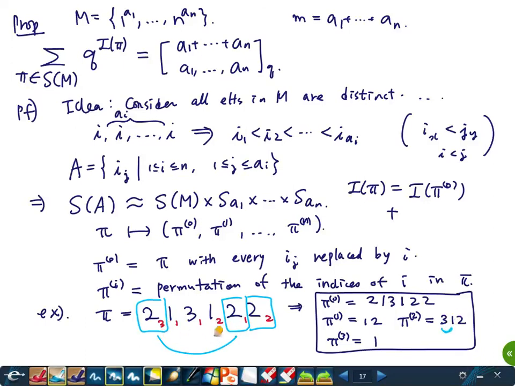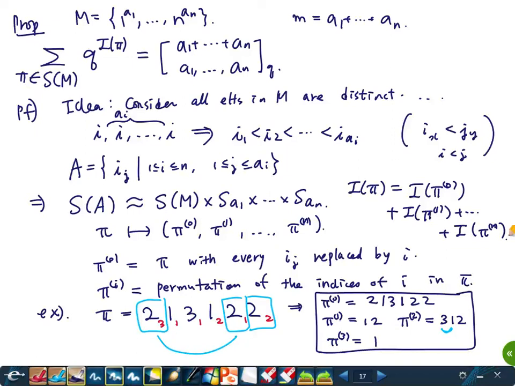So for the same letters, this is an inversion if and only if it is an inversion in pi_i. So this is going to be equal to the sum of all of these. Is this okay? So this bijection is a very good one to keep track of the inversions.